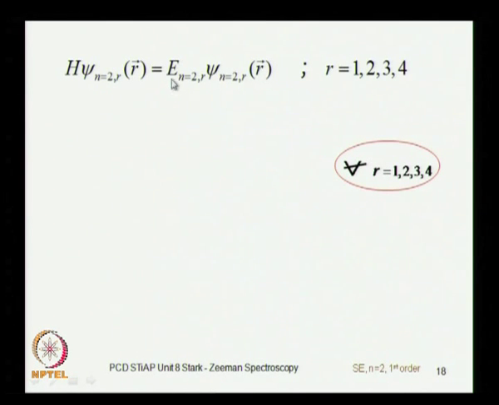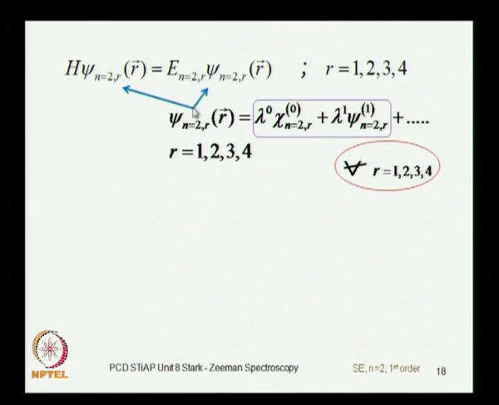Now we can put all of these together in the full Schrodinger equation, which is the full Hamiltonian operating on the full wave function, and this wave function is a linear superposition which is expanded in the perturbation order parameter. So you can substitute this expansion on the left hand side as well as on the right hand side.